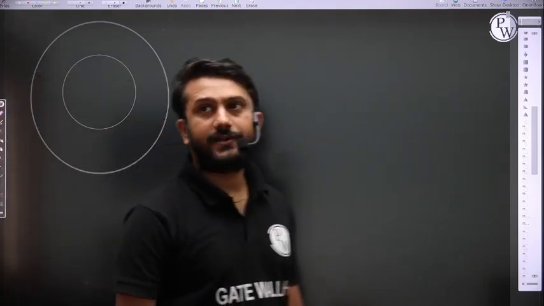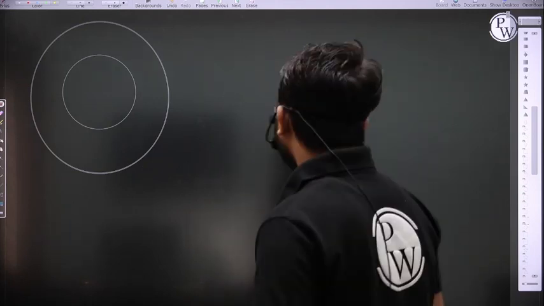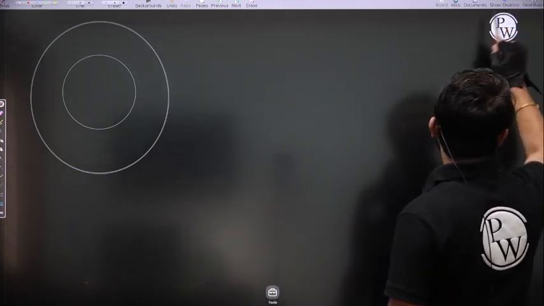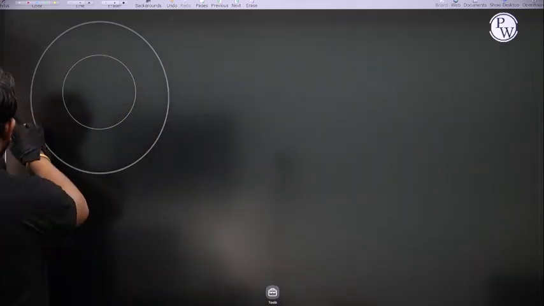This is the hollow cylinder. Perpendicular to the board, or perpendicular to the monitor, the length is L. So this is a hollow cylinder.